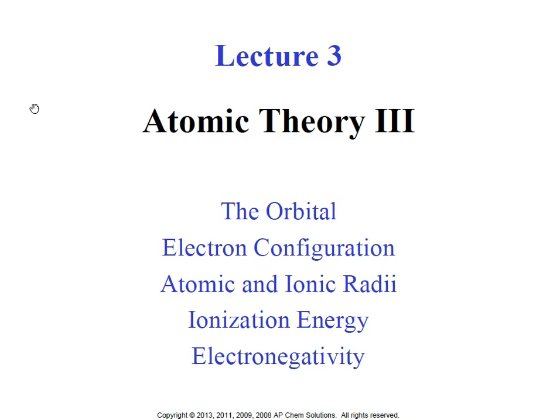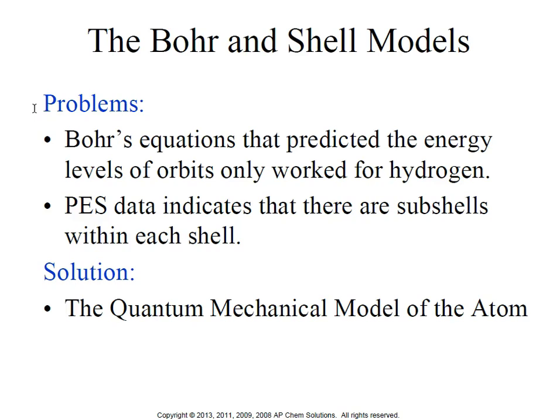And what we saw from that is that unlike the Bohr model, which suggested that these electrons were in discrete orbits around the nucleus, there must also be some sublevels, because the PES showed beryllium and lithium electrons, for example, in a different place than nitrogen, oxygen, fluorine. So there must be some sublevel within the second level, suggested by our PES data.